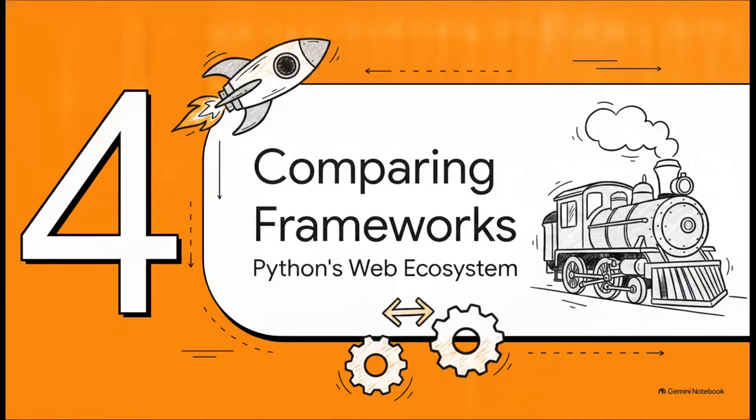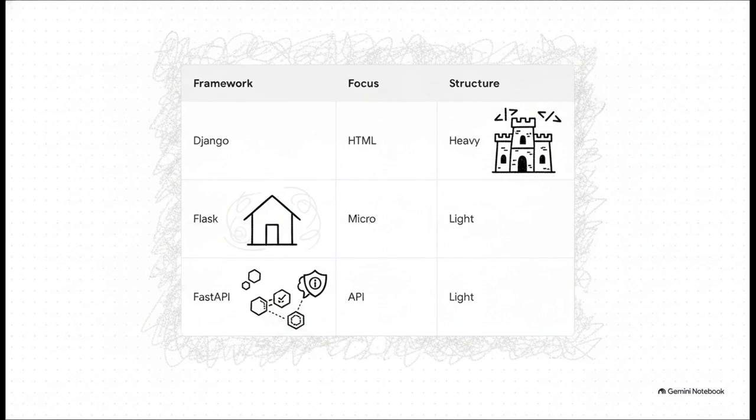Let's move into Section 4, comparing Python web frameworks. To truly wrap our heads around FastAPI, we have to look at exactly where it sits in the broader ecosystem. On one side, you have Django, which is heavily structured and heavily focused on HTML. It's like a complete castle with all the batteries included, like built-in templating. On the other side, you have Flask, which is incredibly lightweight and minimalist.